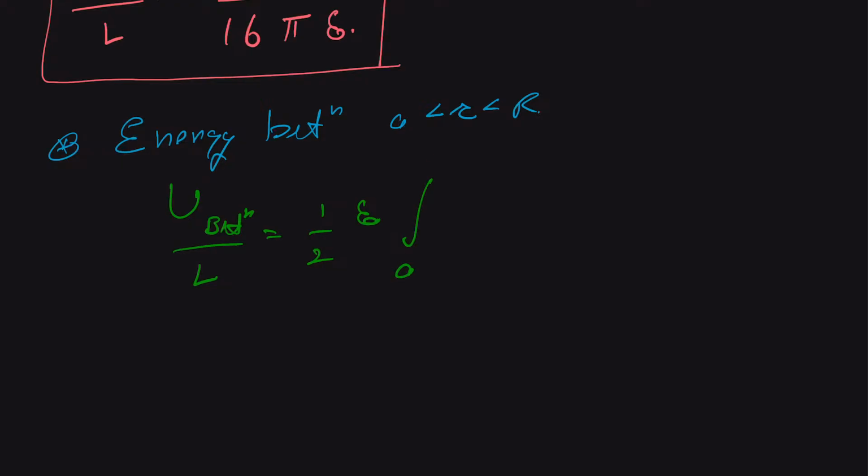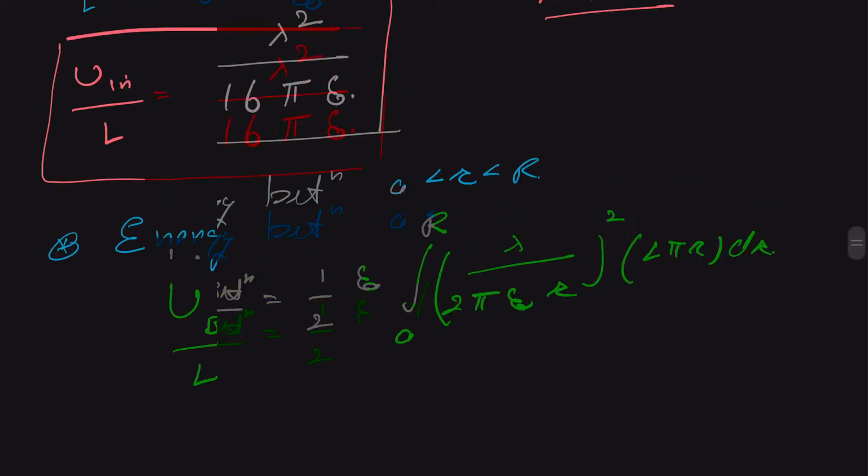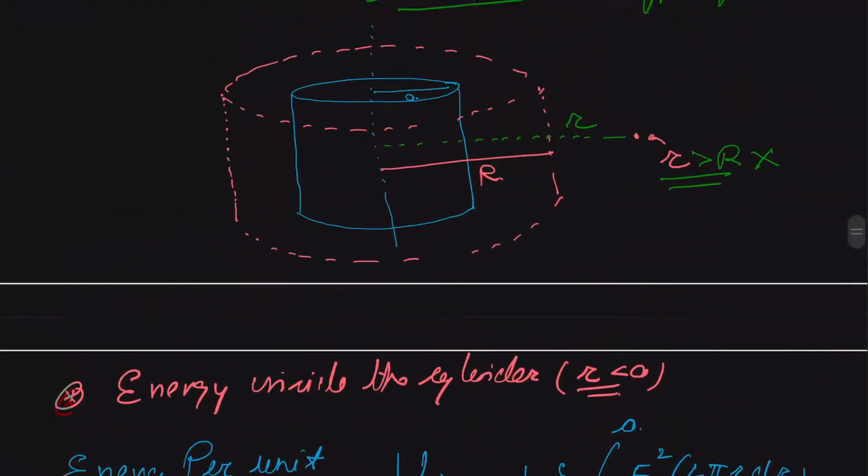integration is from A to capital R, and we already know all the equations, so this comes as lambda upon 2 pi epsilon naught R whole square, and this comes as 2 pi R times dr. Okay, so the basic formula we already know.